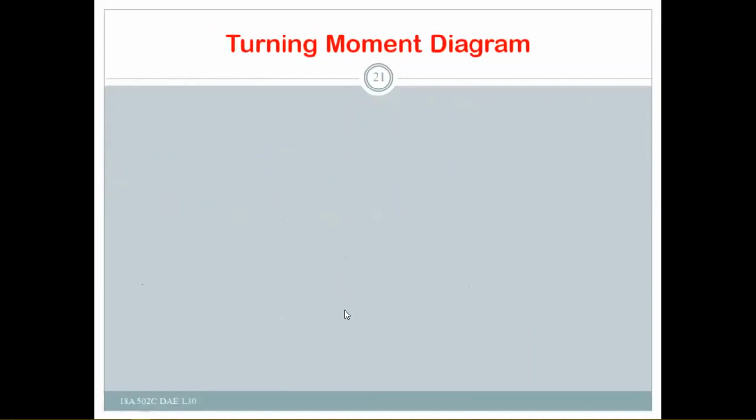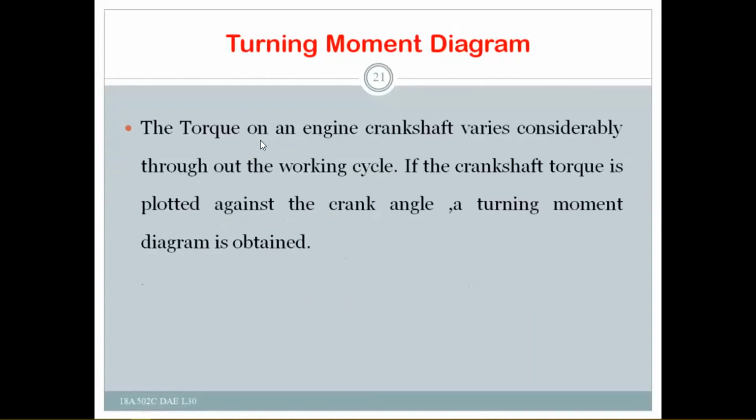So now turning moment diagrams. The torque on an engine crankshaft varies considerably throughout the working cycle. As we are aware, the torque is varying throughout the cycle of the engine.